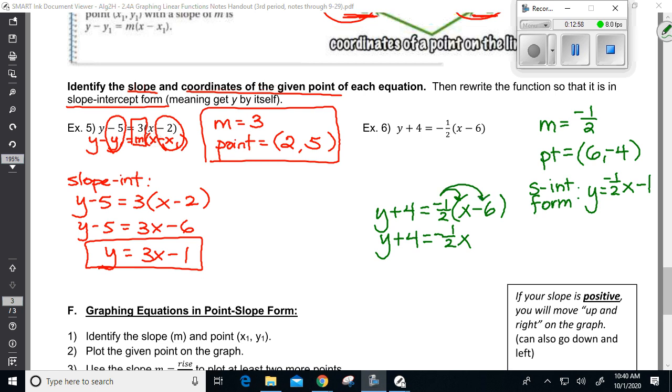So a negative times a negative is positive, half of 6 is 3. So I'm thinking you might have forgotten the positive there. I've got the negative side. Okay. Subtract 4, negative 1/2 x minus 1 there.